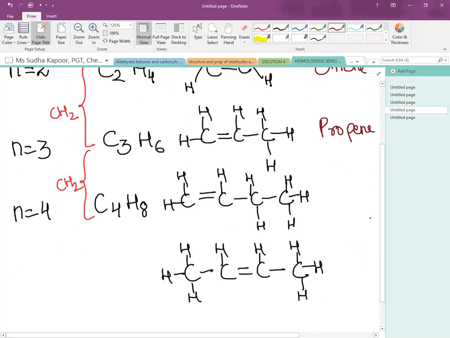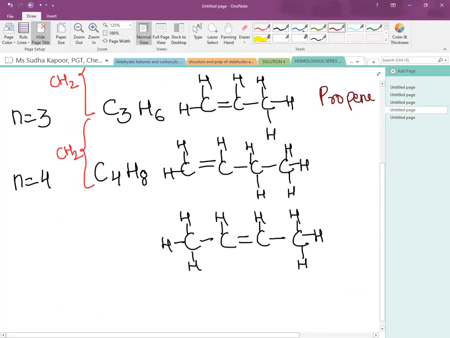For 4 carbons, the position of the double bond is changing, so we will write the numbering here, 1, 2, 3, and 4. For 4 carbons we used to say but, but the position of the double bond is in between 1 and 2, so we will say but 1, ene. For a double bond located between the second and third carbon, we will use the lower number. We will call it but 2, ene.